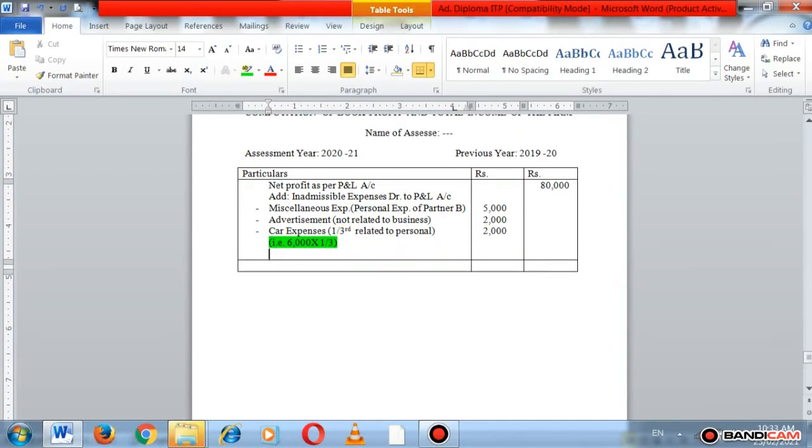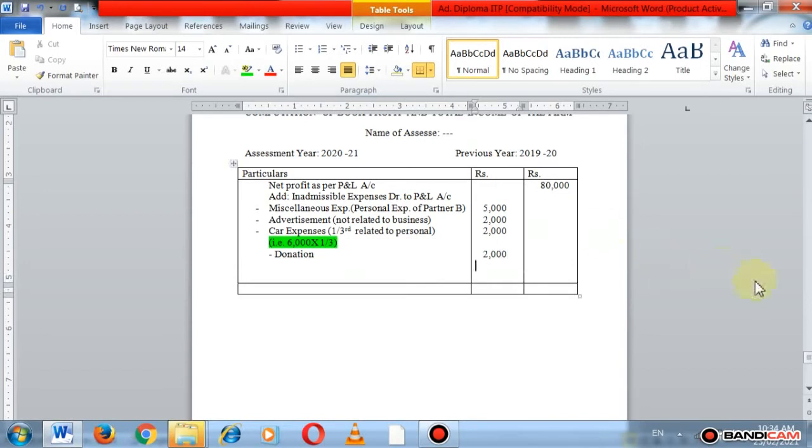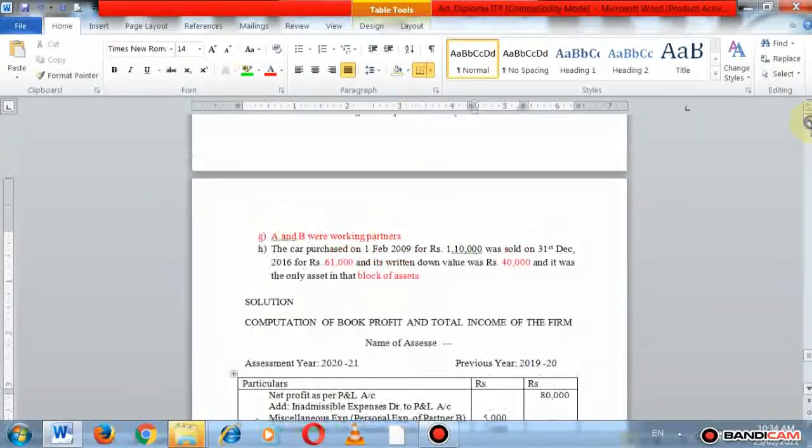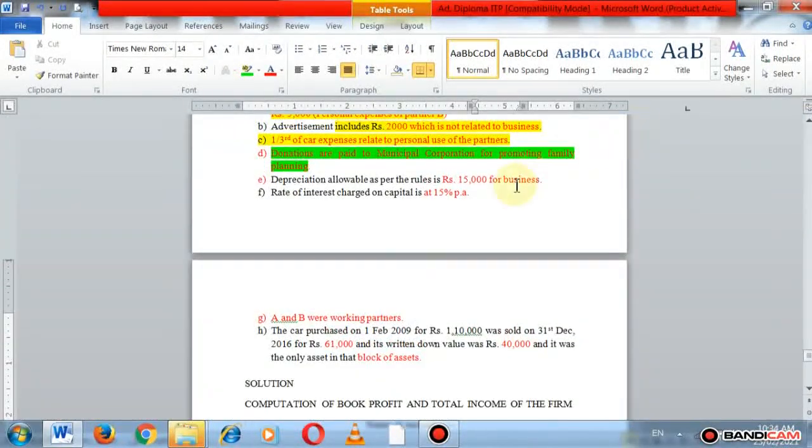So donation is disallowed, amounted to rupees 2,000. Okay, then the next adjustment. Depreciation allowable as per rule is rupees 15,000.